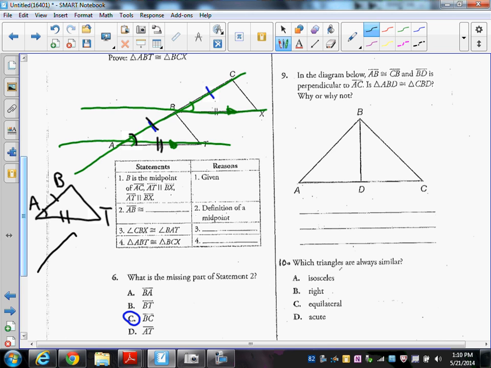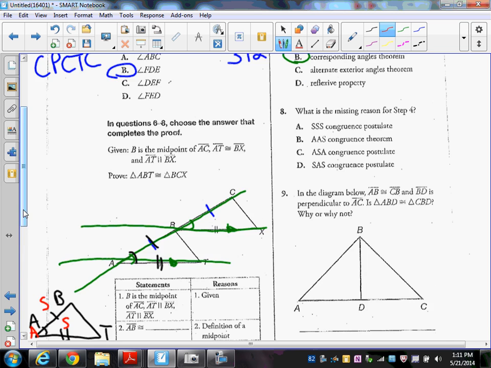And I have triangle BCX. Again, I have these marks. So what I have in the end is a side, an angle, and a side on both of them. So if you take a look here, the angle is included. It's the angle that makes up those two sides. Side angle, side congruence postulate.